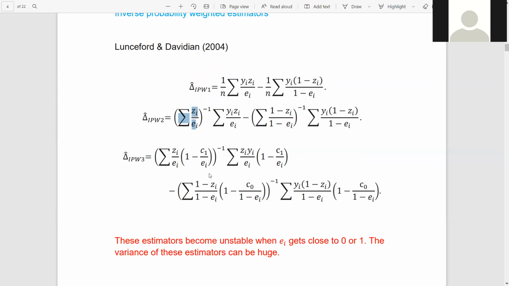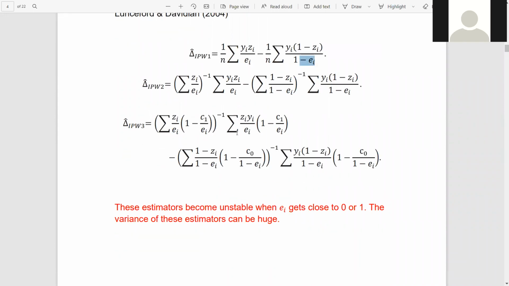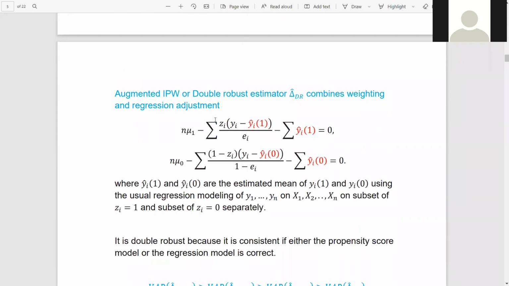If we look at these estimators, they become unstable when EI is close to 0, or when 1 minus EI is close to 0, that is, EI close to 1 for this term. This is the same for all the inverse probability weighted estimators.